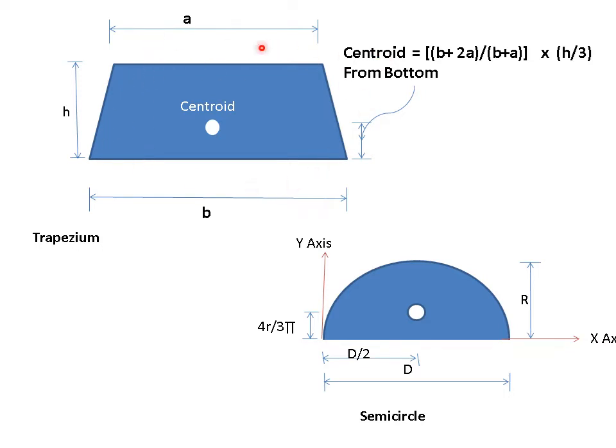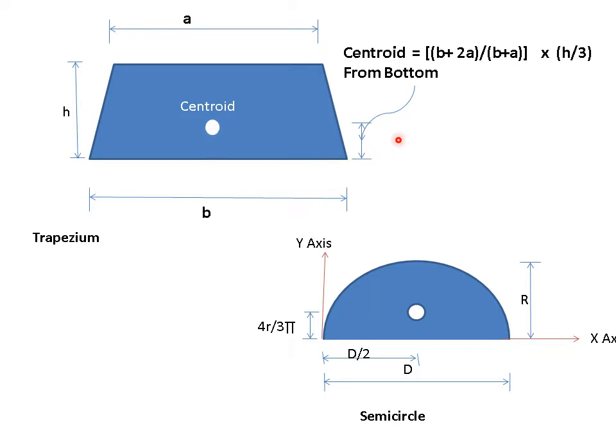So centroid of this, if you see along base at b by 2 from this point, if I draw a vertical line, you can see this diagram is symmetrical about this vertical line. So naturally along x-axis the centroid lies at half of the base, that is b by 2. So x bar is b by 2.